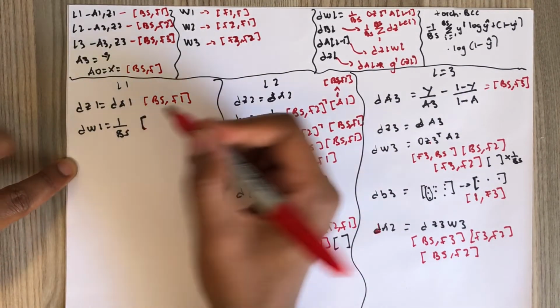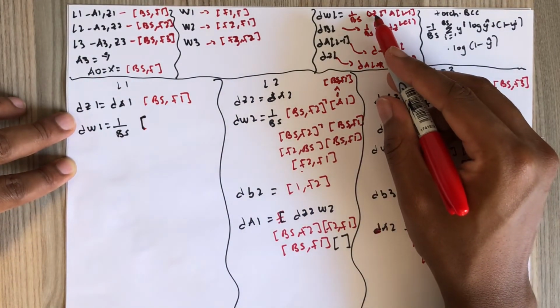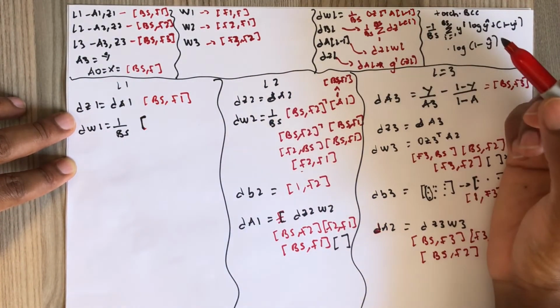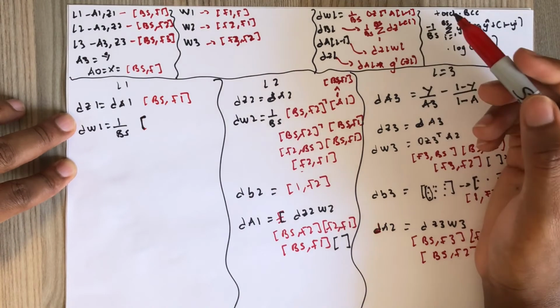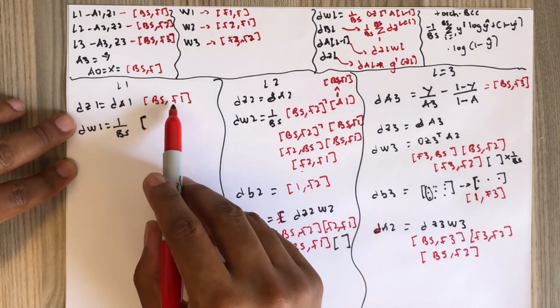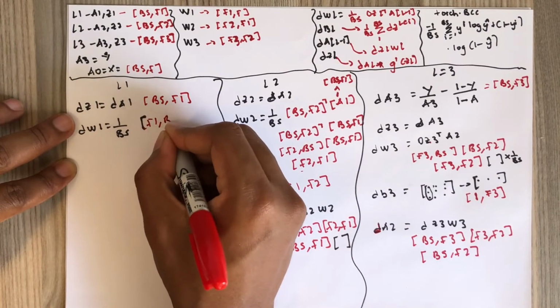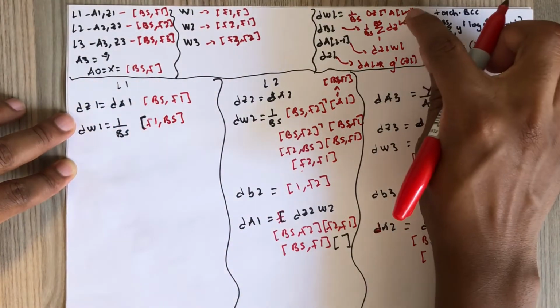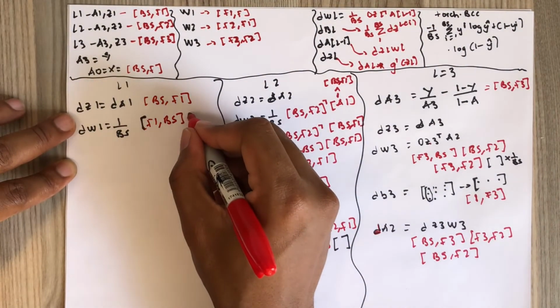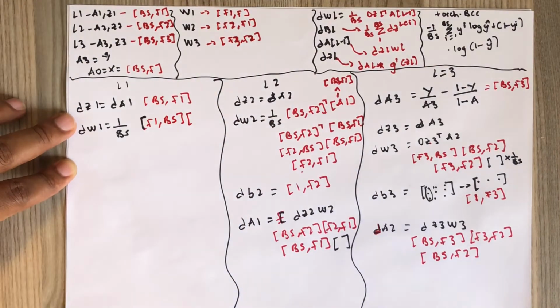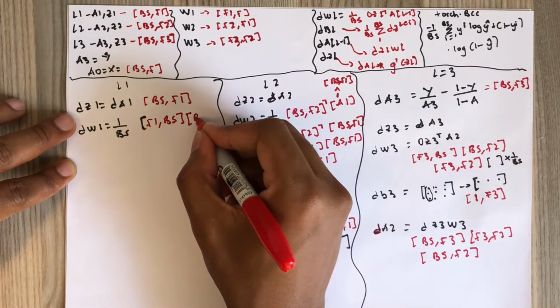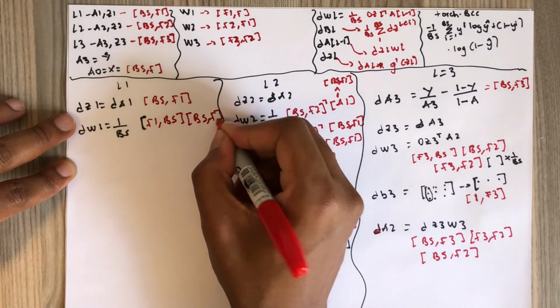then dw1 is 1 divided by bs, which is 1, multiplied by a tensor. What is dw1? Let's go back. It is dz1 transpose. What is dz1? Well, dz1 is this. The transpose is f1 by bs. f1 by bs multiplied by a0. What is a0? A0 is actually this. So input bs by f.